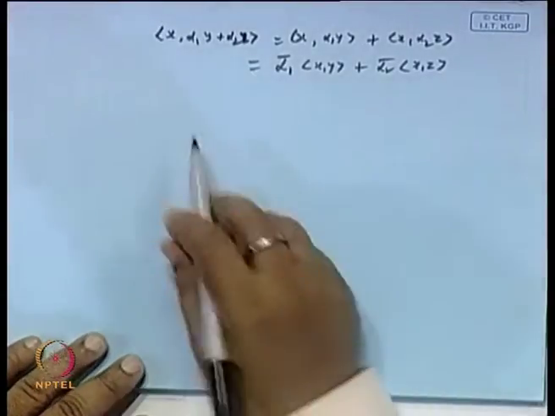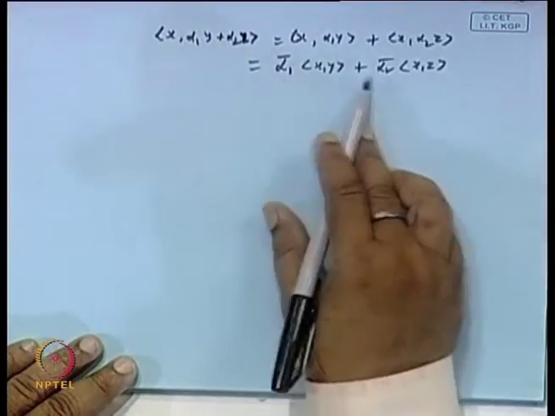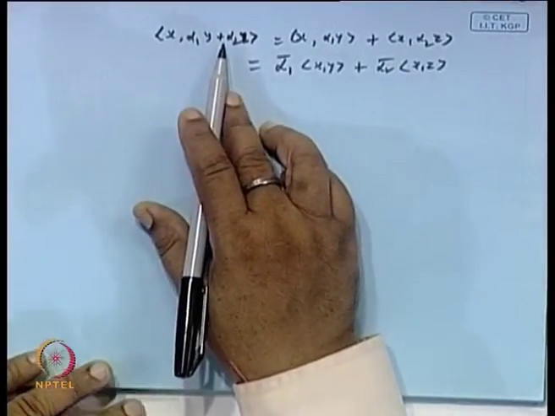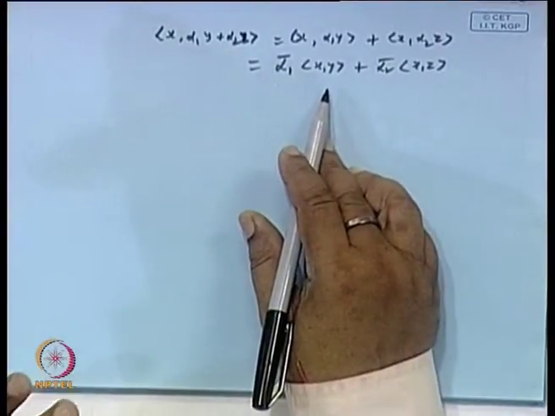Clear? It means this alpha 1 and alpha 2 can be taken outside, but with a conjugate sign. So it is not linear, but we call it semi-linear.